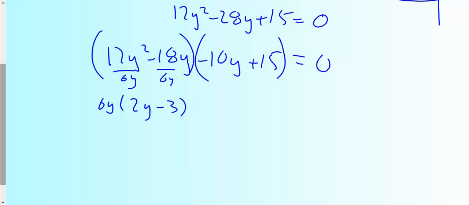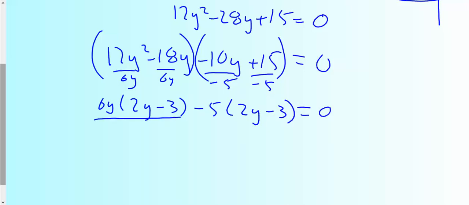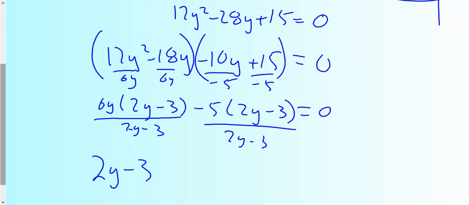And then we'll factor out negative 5 here. The leading coefficient is negative in this group here. So I'm going to factor out a negative 5 and be left with 2y minus 3. And the 2y minus 3 is the same, so we're going to factor that out. Okay, so 2y minus 3 comes out, and we're left with 6y minus 5 equals 0.